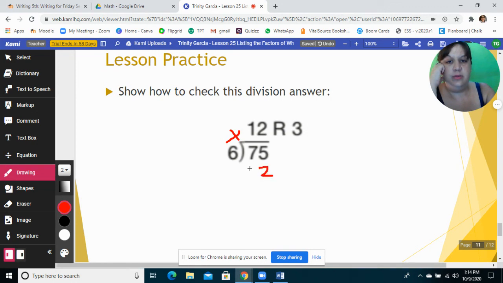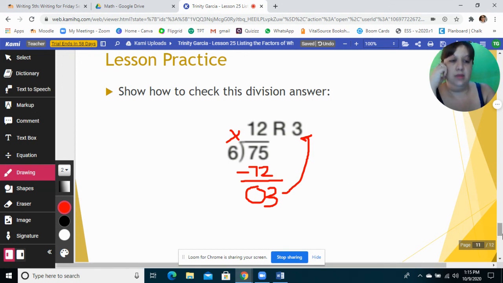We're going to carry the 1. 6 times 1 is 6 plus 1 is 7, so 72. Okay, and then we're going to subtract. 5 minus 2 is 3. 7 minus 7 is 0. The 3 became our remainder, just like we practiced last week. All right, so we know we got the right answer. It worked out just right.